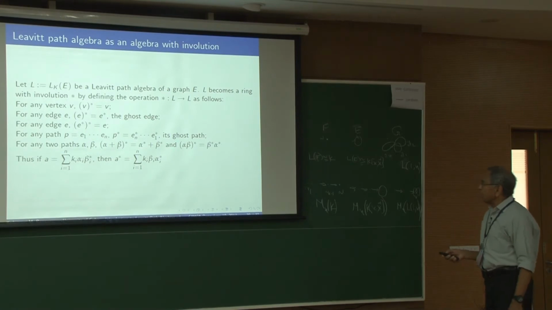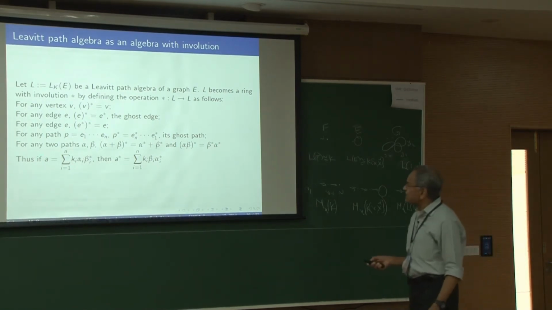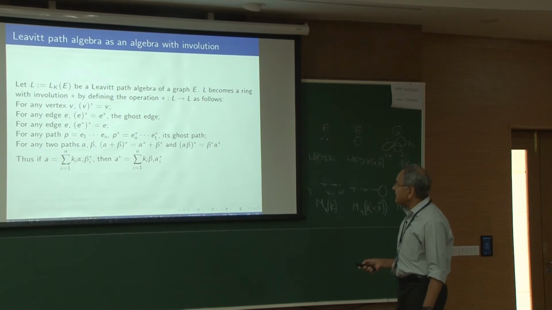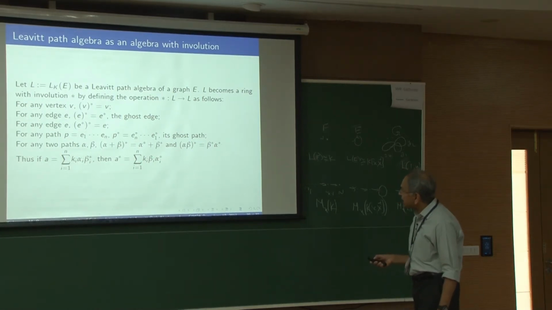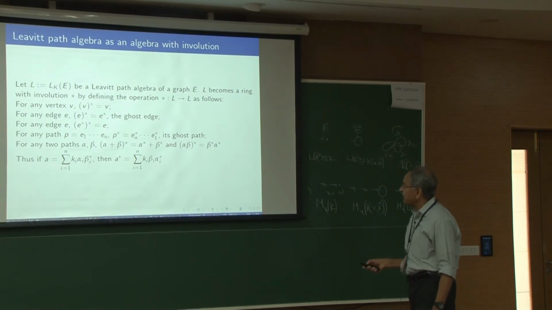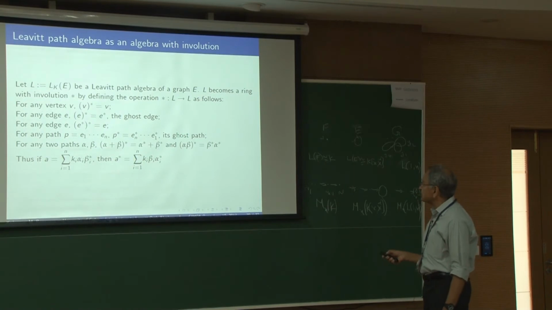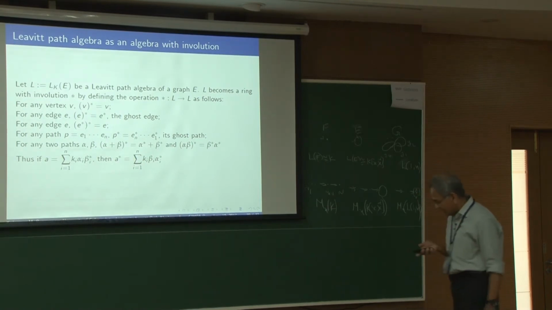And alpha beta star, the product, is simply beta star alpha star. It changes order. So if A is an arbitrary element of the Leavitt path algebra of the form summation Ki alpha i beta i star, then A star is simply summation Ki beta i alpha i star. Because when you put beta i star, you get beta i, and this switches because of that property.